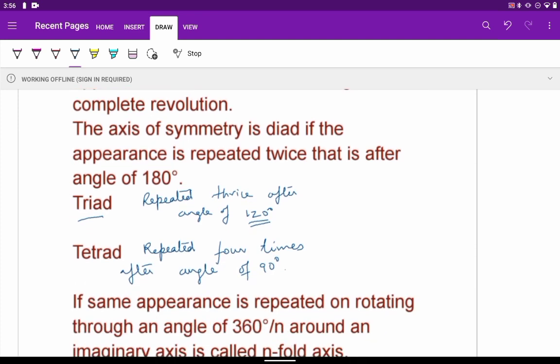If after an angle of 90 degrees we get the same appearance, meaning we started rotating about the axis of symmetry and after a rotation of 90 degrees we arrive at the same appearance with which we started, then again after another 90 degrees, at 180 degrees, you get a similar appearance. Like that we get the similar appearance 4 times. Then the axis of symmetry is tetrad.